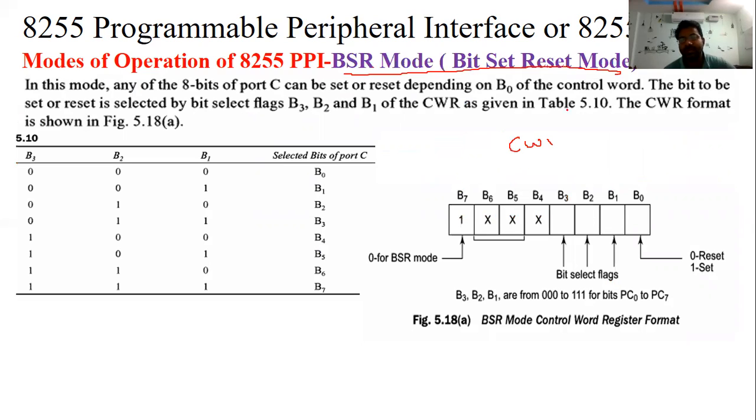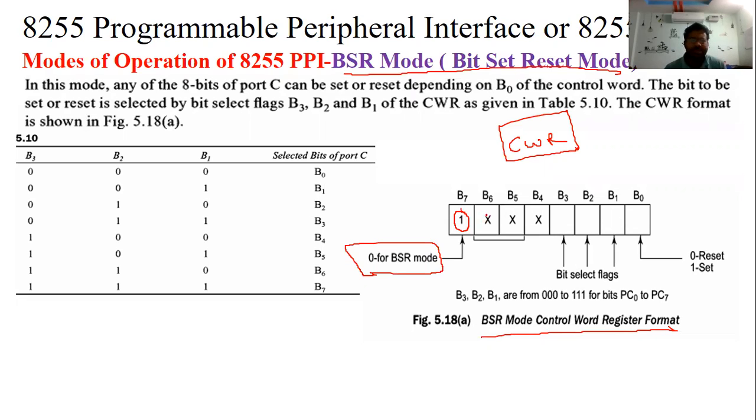Out of the 8 bits B0 to B7, this bit is equal to 0 for BSR mode. Otherwise, it works as either mode 0, mode 1, or mode 2.